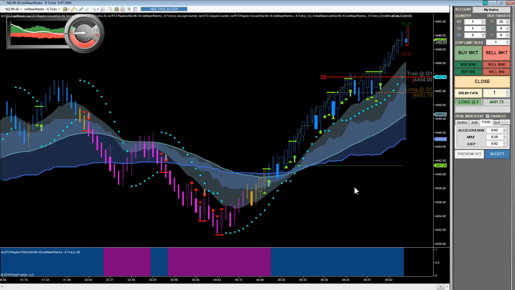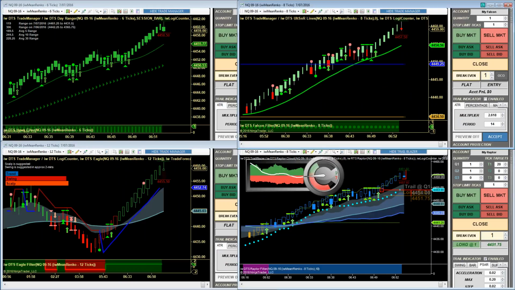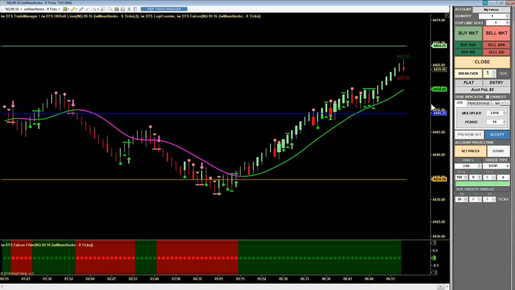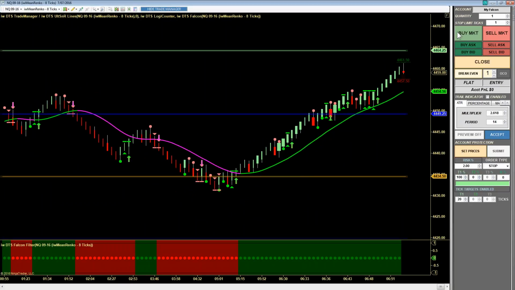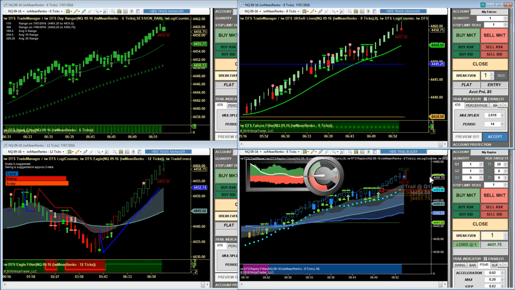Traders are always adjusting their stops relative to their risk exposure. And by that I mean, all right, let's go here to the Falcon. So our next line is at 44.65. Let's say, close enough.